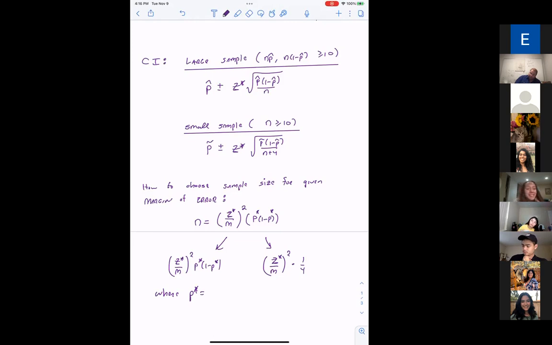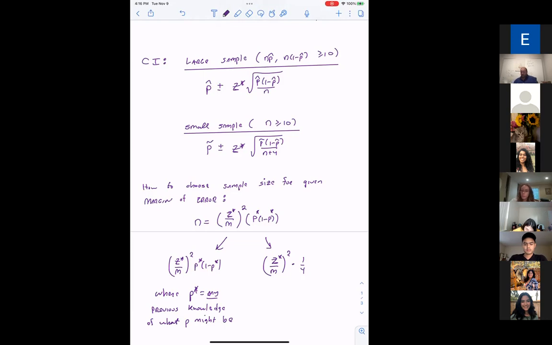To use any previous knowledge of what p might be. So if there is a previous study that gave some value for p, use it. The problem will be very clear when you are allowed to use some previous knowledge. But if you have no knowledge of what p might be, you just use times 1/4.